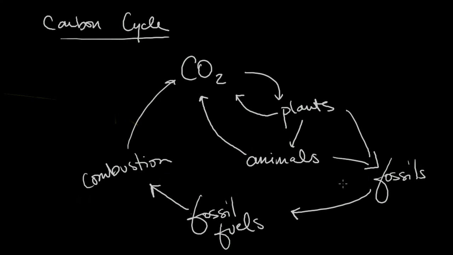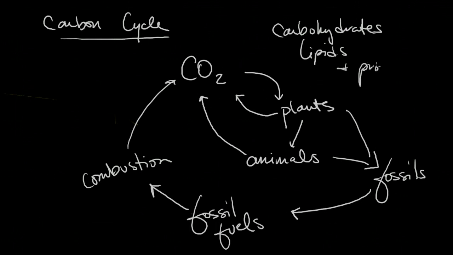So this is just kind of an overall process of the carbon cycle, and you need to be able to explain this. But the molecules that we're talking about as they move through this cycle are the carbohydrates, lipids, and proteins. Okay? And the proteins we're going to talk about now when we talk about the nitrogen cycle.